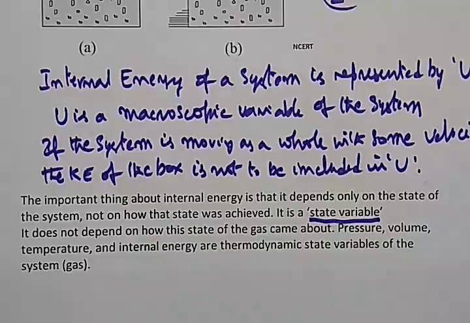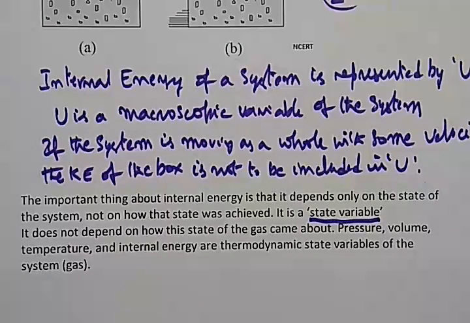So at that time if you measure internal energy, it is a state variable. Okay, and we are not going to find out how that state has been reached. Only we are interested in that state. How we have reached that state is not important in thermodynamics. So the internal energy is defined as a state variable only.